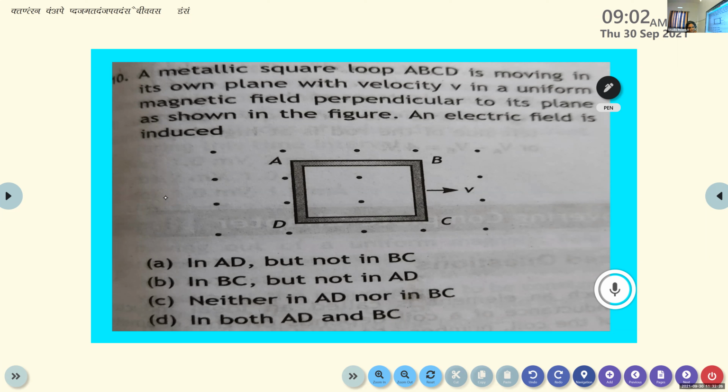Rijas, try to guess any option. Option C, neither in AD nor in BC. Okay, then. Malavika, can you guess any option?